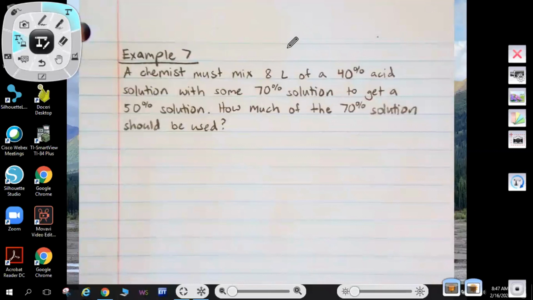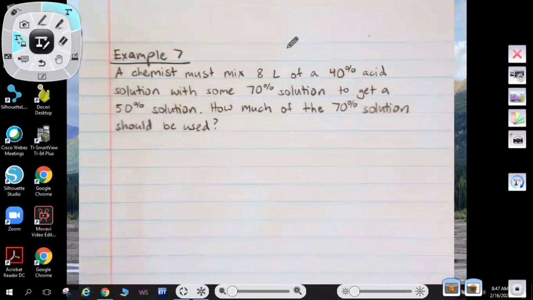Okay, example 7. A chemist must mix 8 liters of a 40% acid solution with some 70% solution to get a 50% solution. How much of the 70% solution should be used? Okay, we're going to draw another table to help us keep all of our information straight.